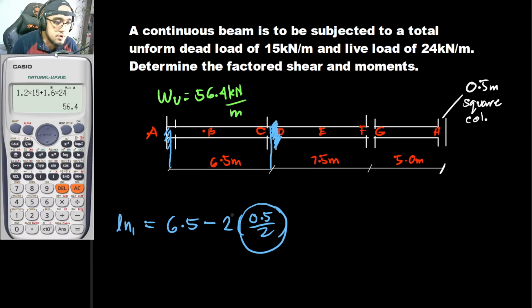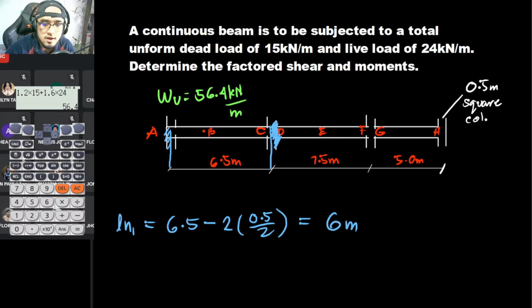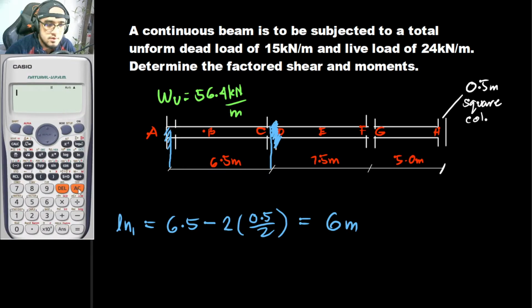But we will be multiplying it by 2 since dalawa nga ang side. So, this one and this one. Okay, so solving for this would give you a value of 6 meters. So, kung ayaw nyo maniwala sa akin, let us solve for it using our calculator. That is to be 6.5 minus 2 times 0.5 divided by 2. So, 6 meters. So, with such, our ln for the first one is to be 6 meters.